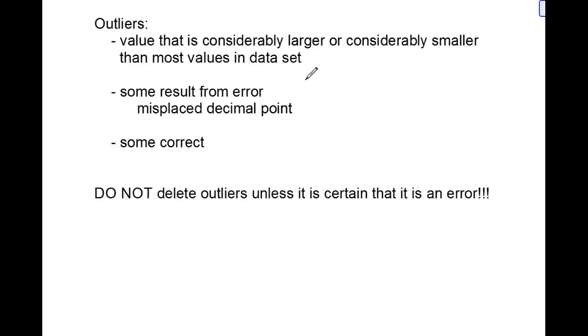Some outliers are actually correct. They're correct data. We just don't know why they're so far off base. The important thing to know about outliers is we do not delete outliers unless we know with absolute certainty that it is an error.